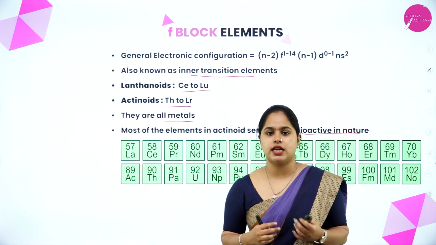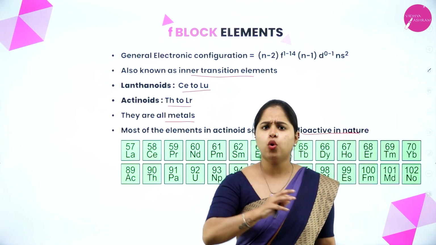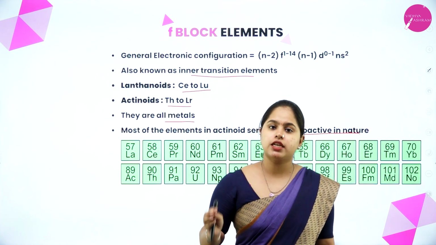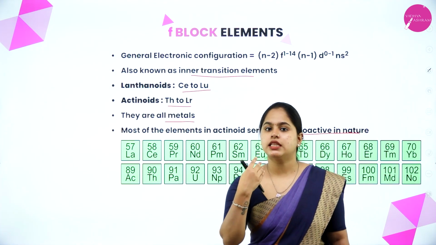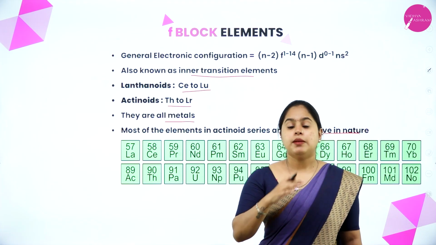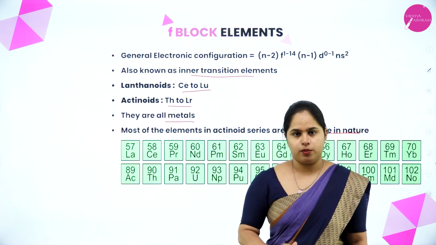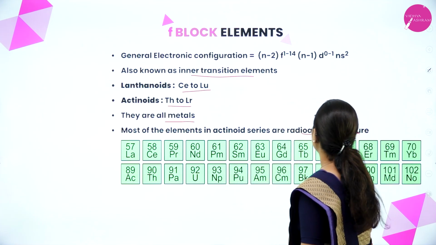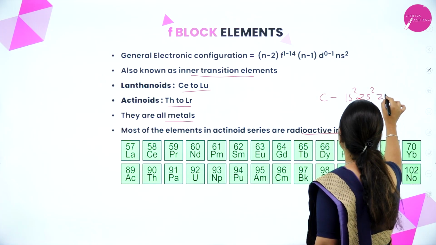So what you have to understand is, in S block elements, the last electron goes into the S orbital. Hence, they belong to S block elements. In P block elements, the last electron will go to the P orbital. Let's take the example of carbon itself. It is 1s2, 2s2 and 2p2.